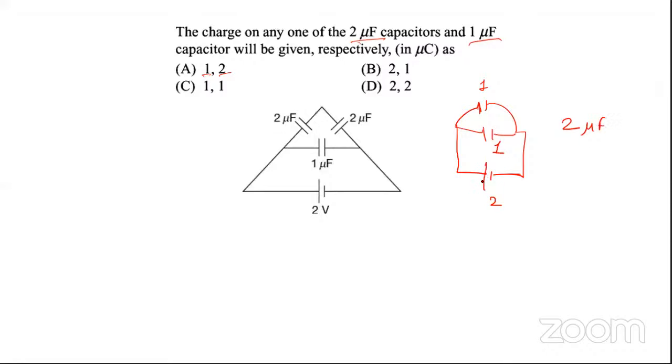So total charge given out by the battery is Q equals CV, that is 4 microcoulombs. And this 4 microcoulombs will get divided into both of the branches equally because of equal values. So it will be 2 and 2. So D is the right answer.